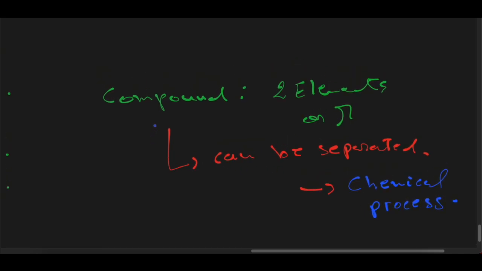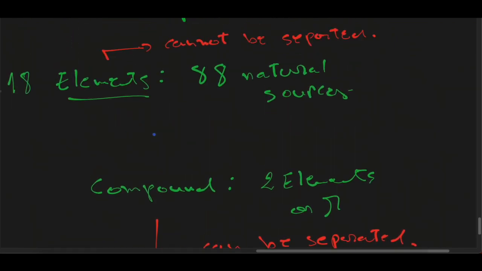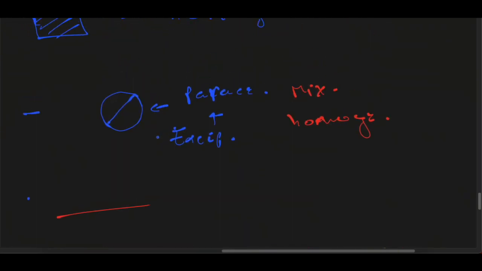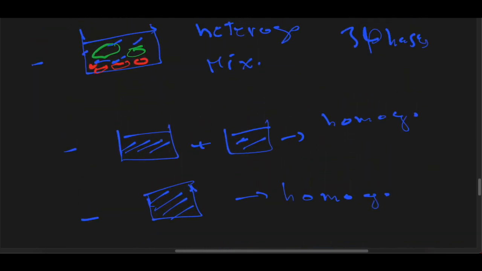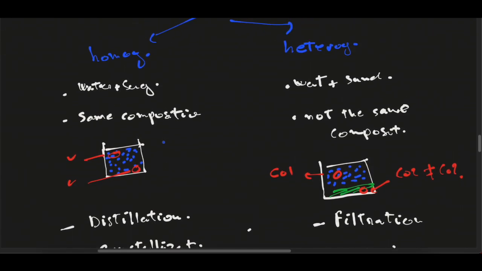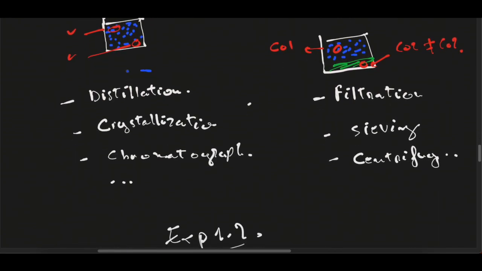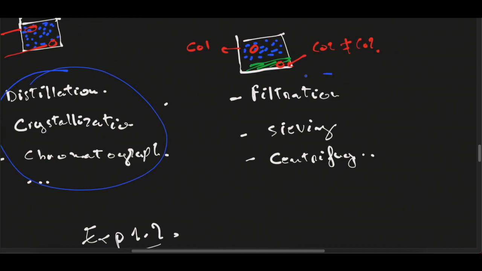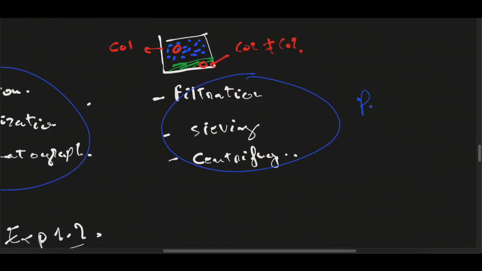So when we talked about the mixture, in the mixture we used physical processes to separate the pure substances, if you remember here. So we talked about here, all these are physical processes. The same thing here, all these are physical means.